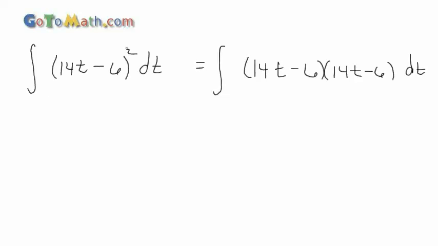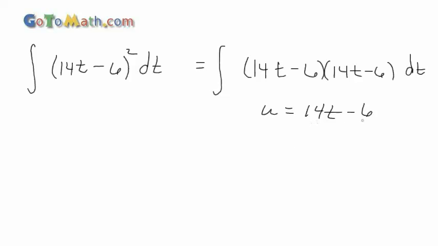Alright. However, I'm going to show you something here, and there's a pattern going on. So remember, we always add one to the exponent, right? And then we put the exponent down below. So I'm going to do what's called a substitution method, where u is equal to 14t minus 6, alright?